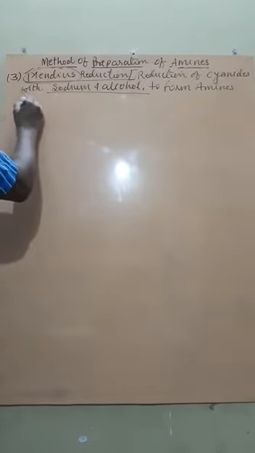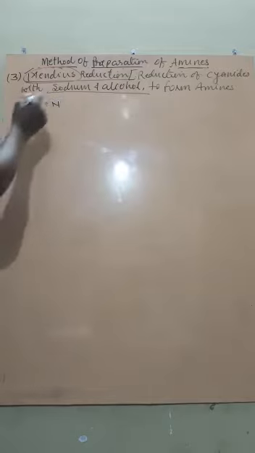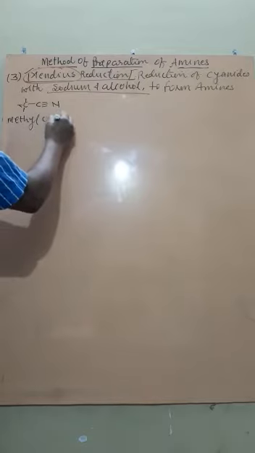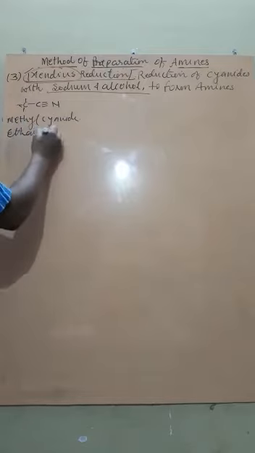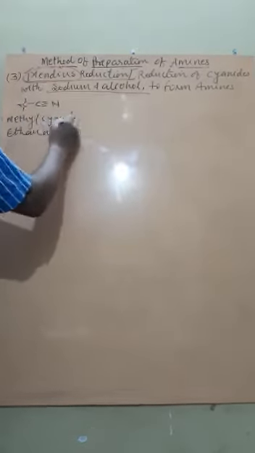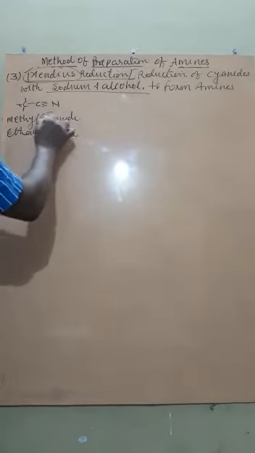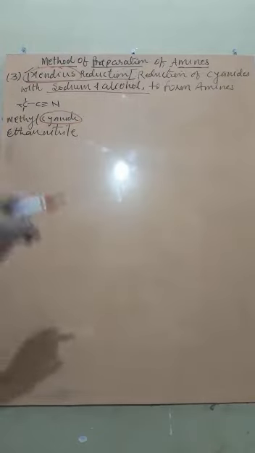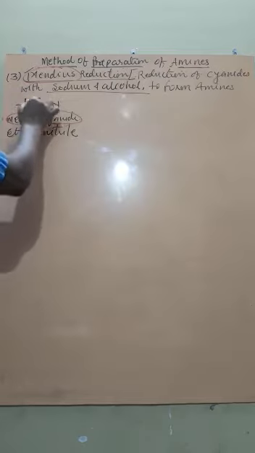To form amines from CH3C≡N, which can be called methyl cyanide, or ethane nitrile. Remember, student, while naming a cyanide compound, if we use the term cyanide, then the remaining carbon atoms are counted and written as alkyl, so that becomes methyl, because only one carbon is attached with CN.